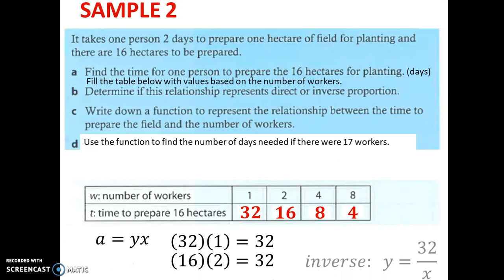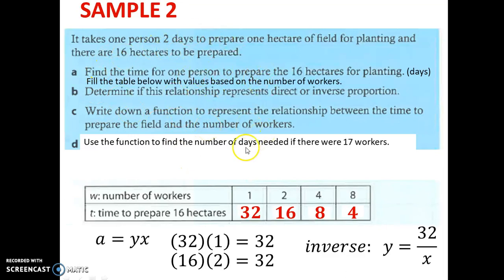I want you to also consider this one, because time is short, so see if you can figure this one out. But basically it says you're figuring out the time it takes to prepare a field, and you should notice it's inverse. When you do y times x, it's always constant, therefore our inverse model is this. And you can use that inverse model to solve part D, which says there are 17 workers and you have to figure out the days.